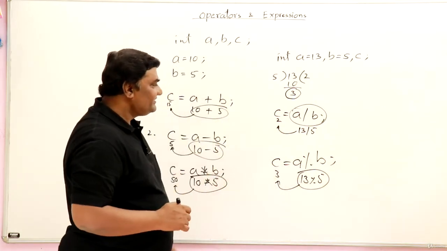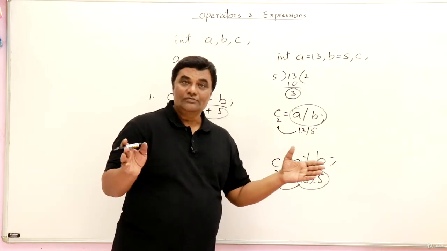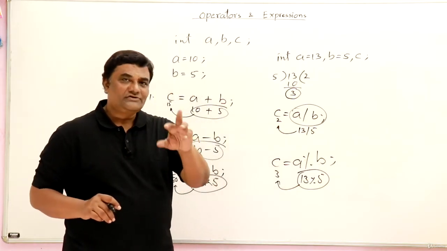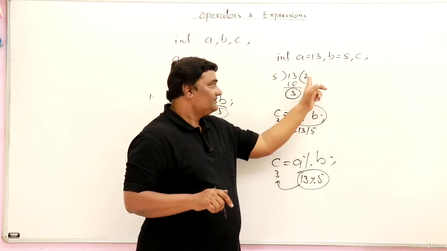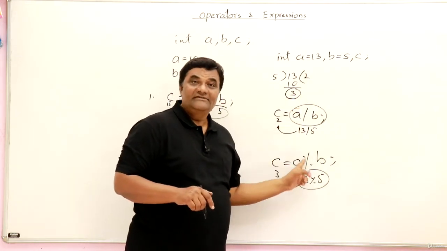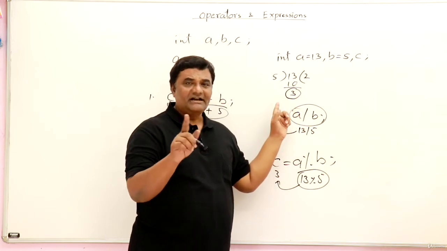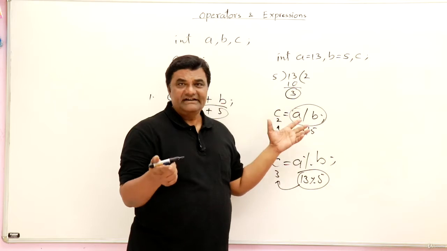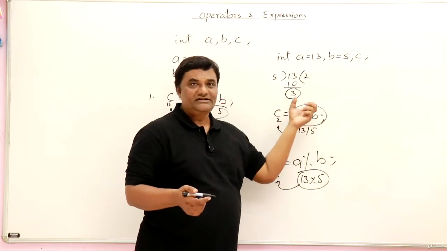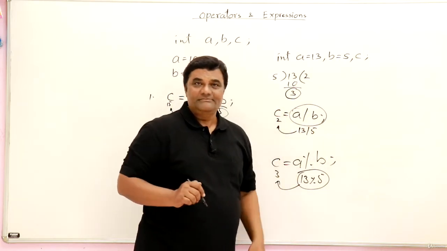So the mod operation gives remainder of 2 numbers. So this difference you should know clearly, that divide gives quotient, and mod gives remainder. It's sometimes confusing for the students to understand this, but this is very easy. So you should know clearly what is quotient and what is remainder, then you can easily remember this.